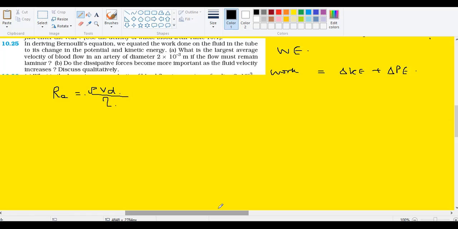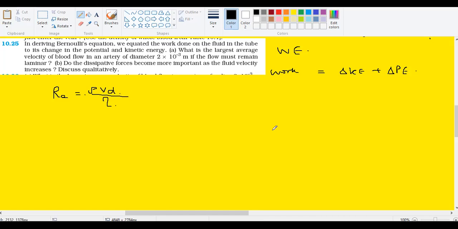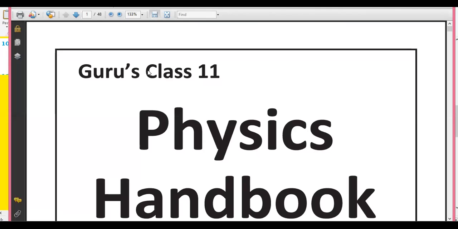If you don't remember, go back to your handbook. We discussed this topic, we studied something called Reynolds number, because not too much theory is given there. You can read through the textbook. So the largest average velocity is what they're asking.